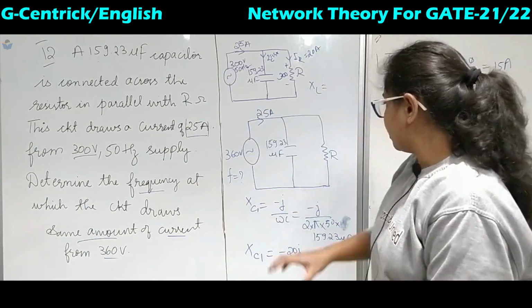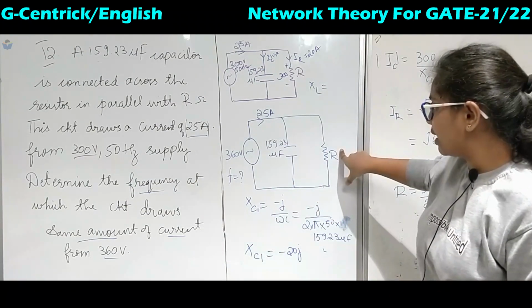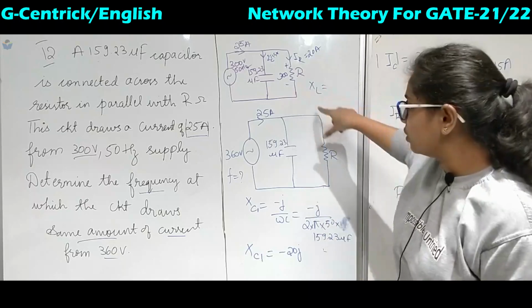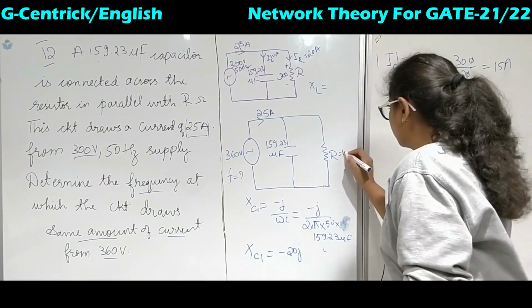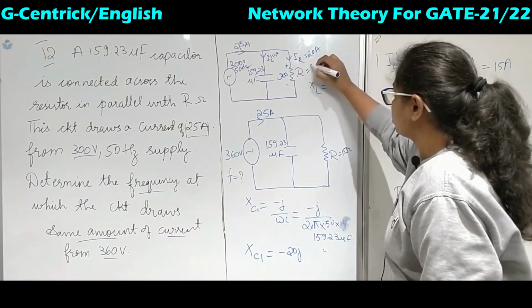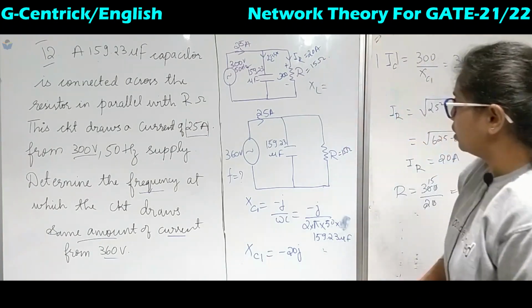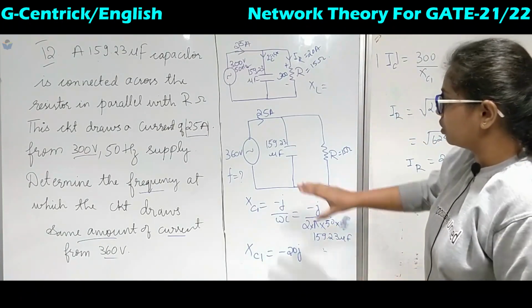So this is the value of R. Here the value of R and here the value of R both will be the same. So 15 ohms. Now we know the 15 ohms.